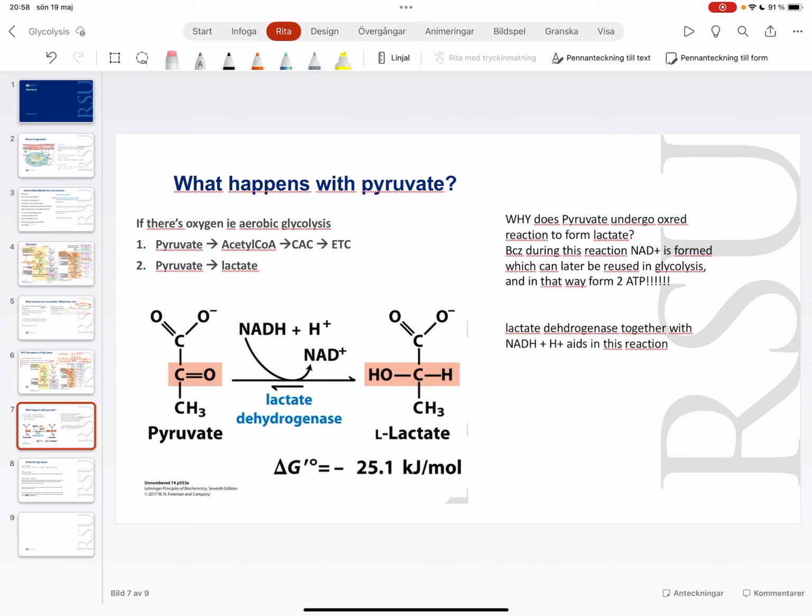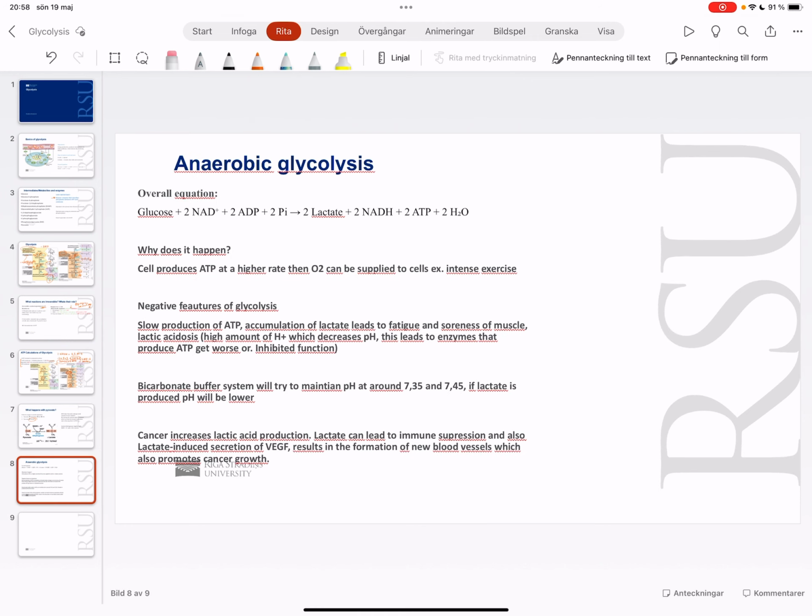And this lactate thing will happen during fast exercise, for example. If you want energy really fast. Anaerobic glycolysis, so this is the overall equation.